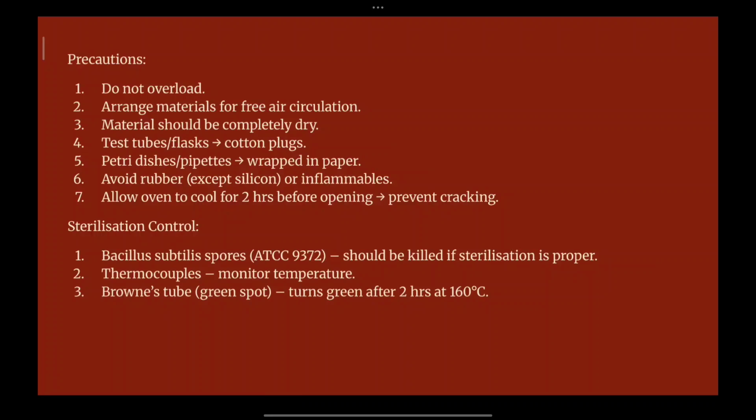Sterilization control. This is the method that is used to check whether the equipments inside are sterile or not. These sterilization controls are used as indicators for the sterilization. The first method is a biological indicator, which is Bacillus subtilis spores.